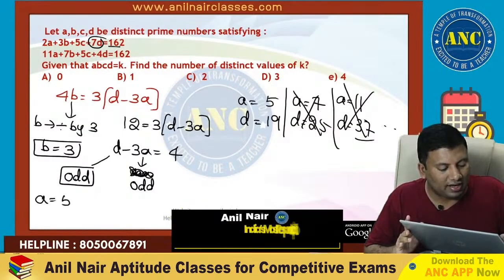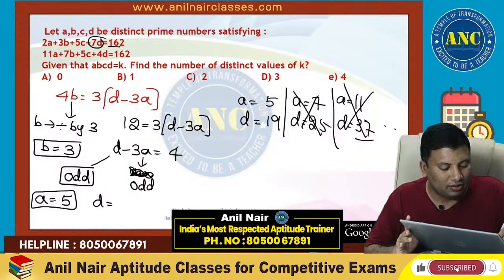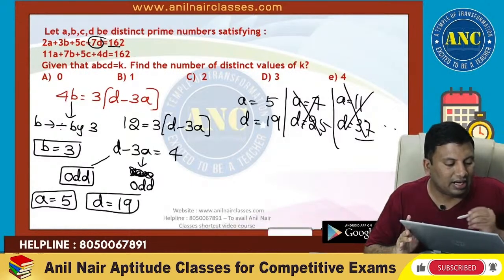Easy question. A value 5, D value 19. A is 5, D is 19, B is 3.